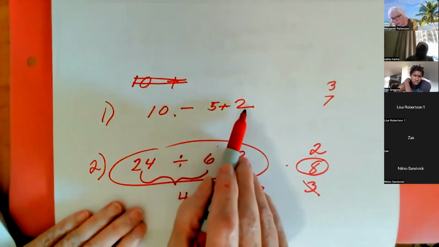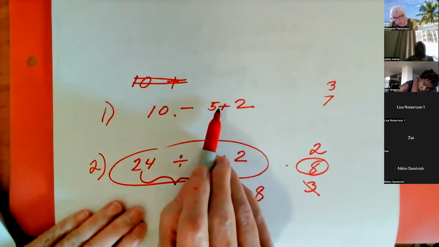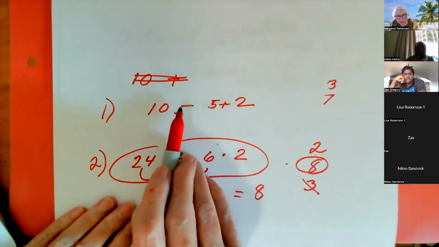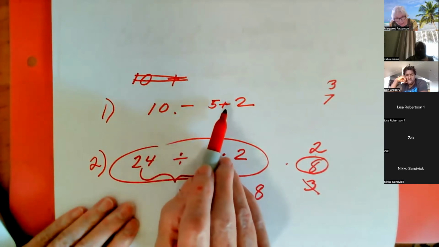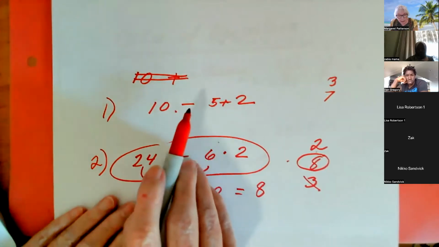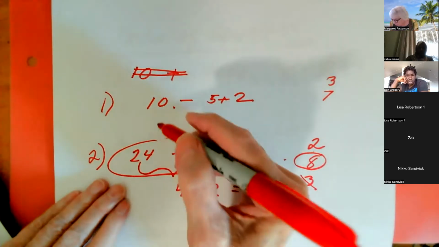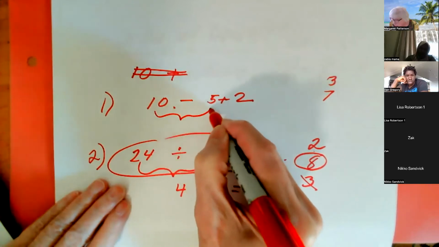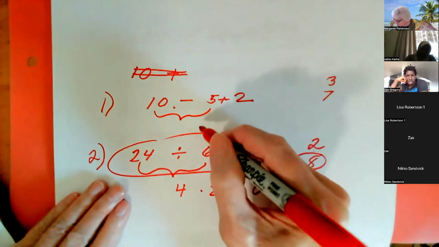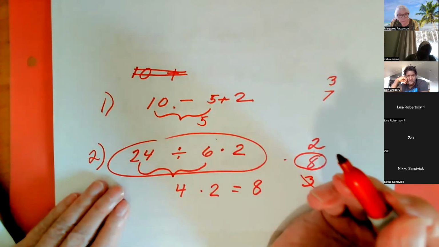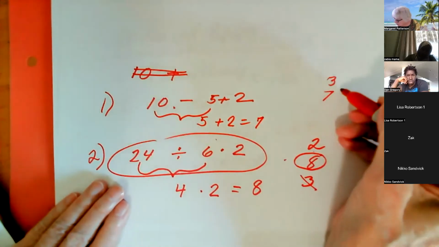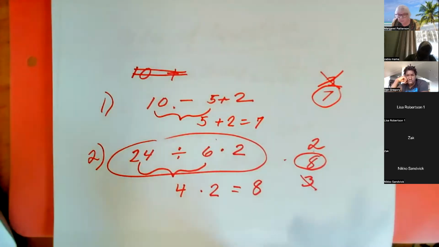I kind of wrote these small and kind of tempted you to add that first. The truth of the matter is subtracting and adding are equal. And so when they're back to back, one right after the other, you have to go left to right. So 10 take away 5 is 5, and the 2 more is 7. This is the correct answer.